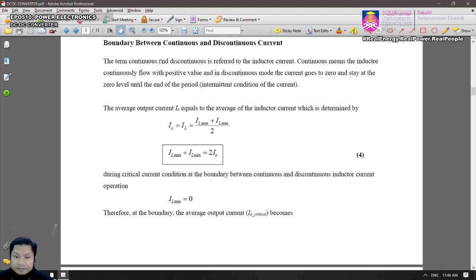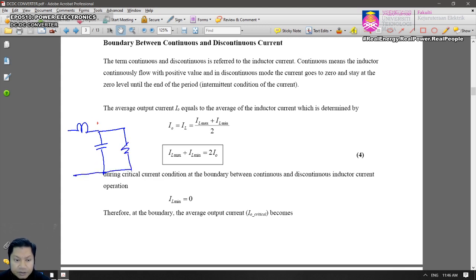So we know that, only for the buck converter, if I can just show you the output side, we have this inductor, then we have this capacitor, and we have this resistor.